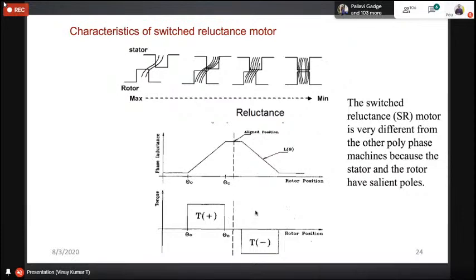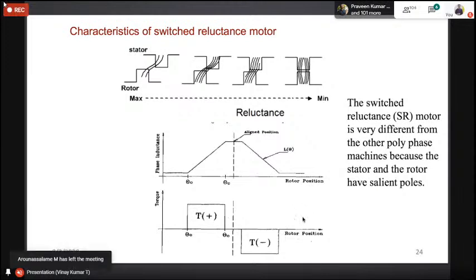So in case of SRM, the problem is that there is no continuity of the torque. Here dL by d theta in this zone is 0. That's why the torque amplitude is 0. Next, in the negative portion also you need to unexcite the winding. Then this component is also 0. So there is no continuity in the torque.